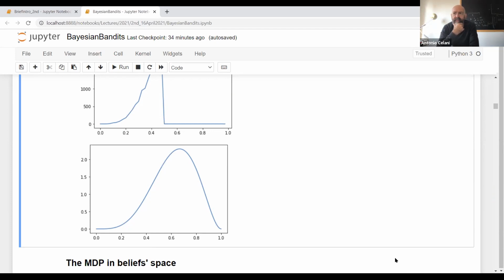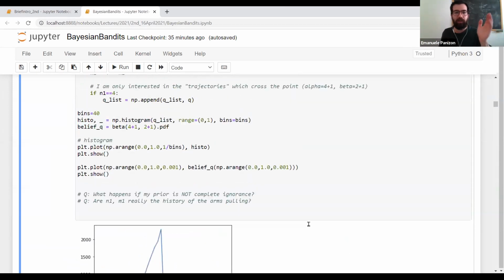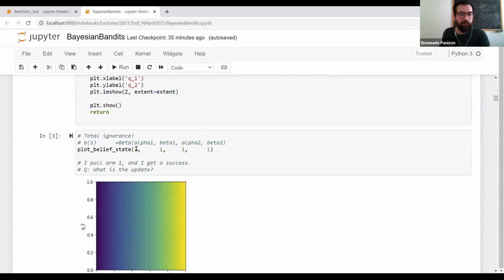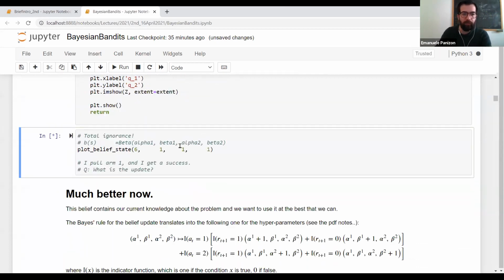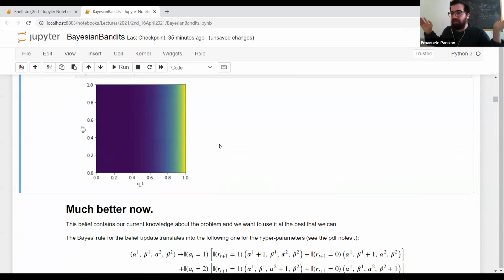If you want to get a bit confused, and we all always want to get a bit confused, you can say, okay, I don't want to start from total ignorance ever. I want to start from a system which is very skewed in one part. I want to start from a beta which is 6. I want to start from this. I don't know why.